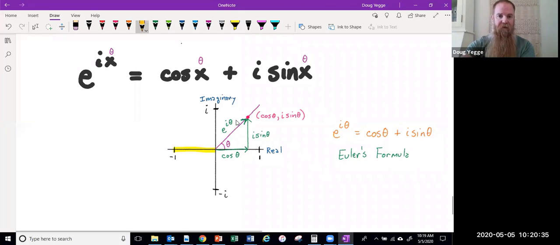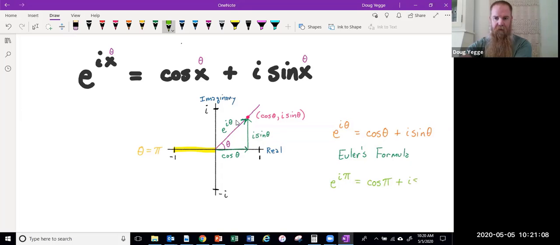Let's take this angle to be theta equals pi. Well, if theta is equal to pi, wouldn't that mean that we would plug in pi everywhere we see theta? So that would give me e to the i times pi is equal to cosine of pi plus i times sine of pi.